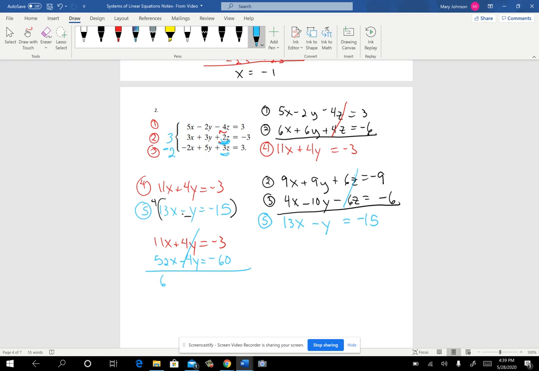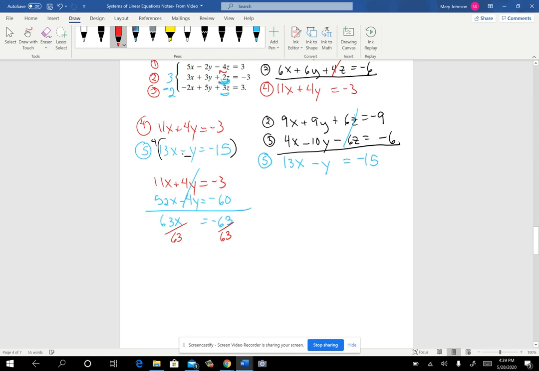I get positive 63x equals negative 63. All right. Now in life, things typically don't turn out so nice, but in math books, they almost always do. Okay. You can get fractions, but you normally won't. All right. So I wind up then with x equaling a negative 1.